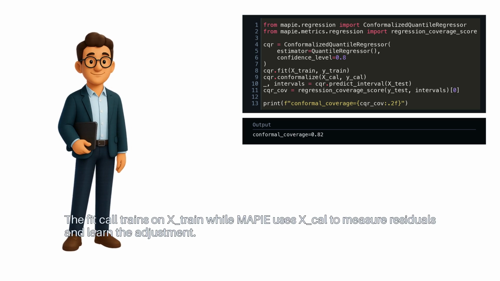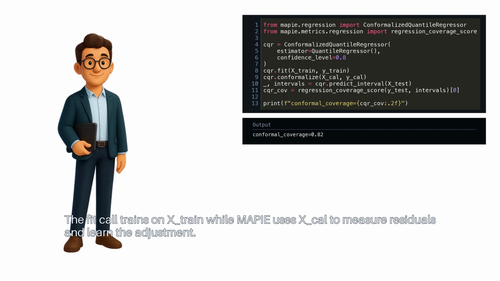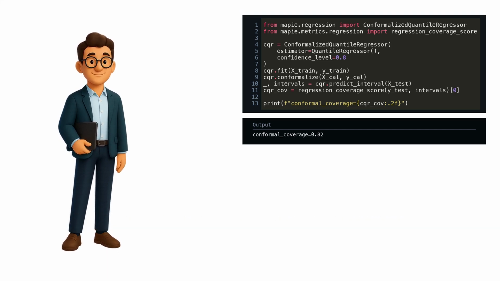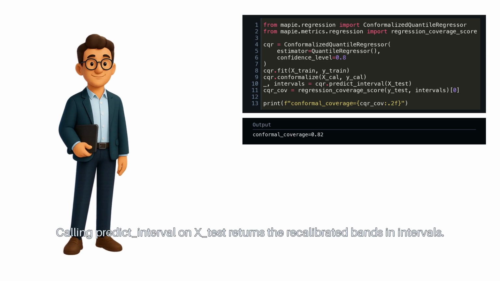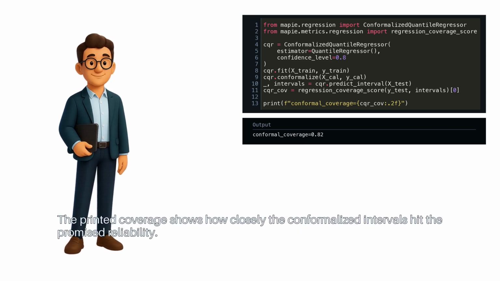The fit call trains on X_train while MAPIE uses X_cal to measure residuals and learn the adjustment. Calling predict interval on X_test returns the recalibrated bands in intervals. The printed coverage shows how closely the conformalized intervals hit the promised reliability.